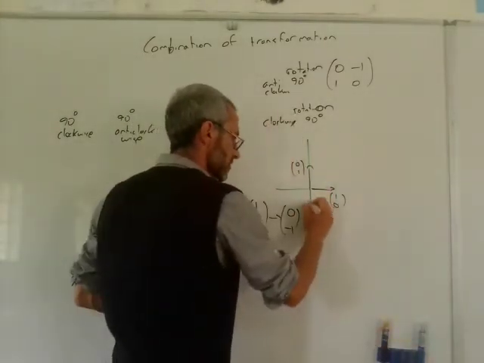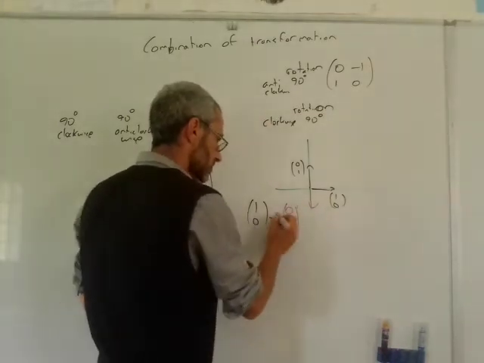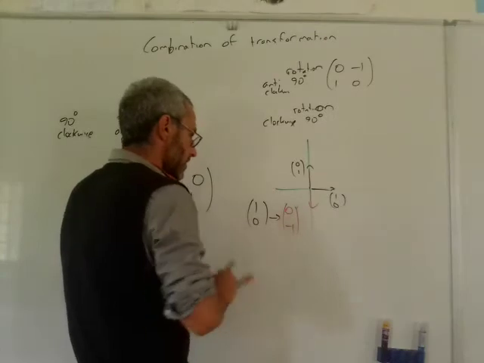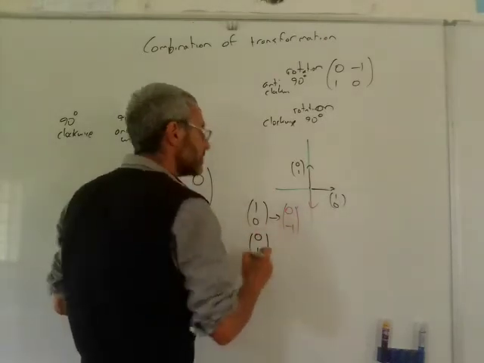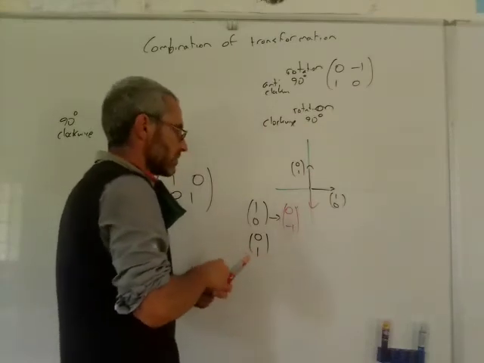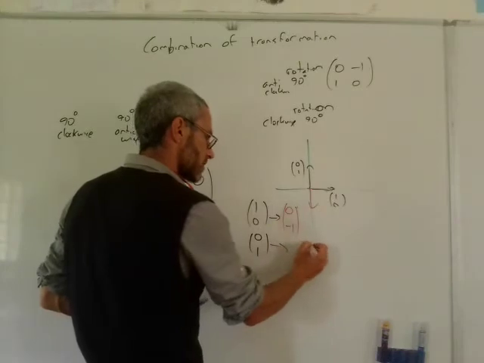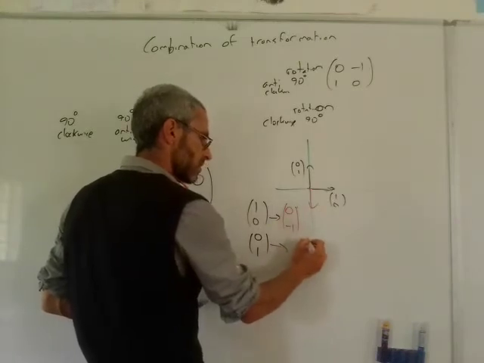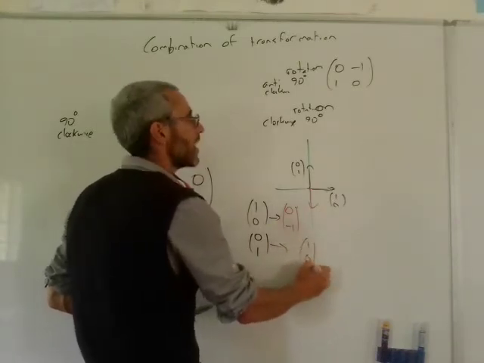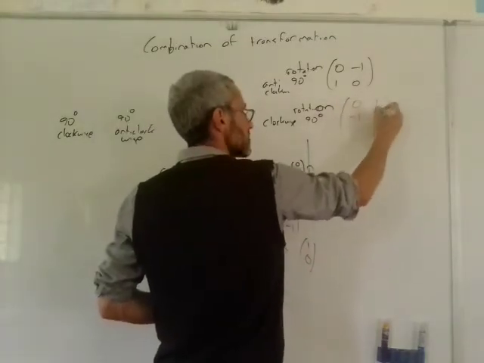And the 0, 1, this is clockwise, right? This one will go over there, so we're going to call it 1, 0. So straight away I can write that down: 0, 1, minus 1, 0.